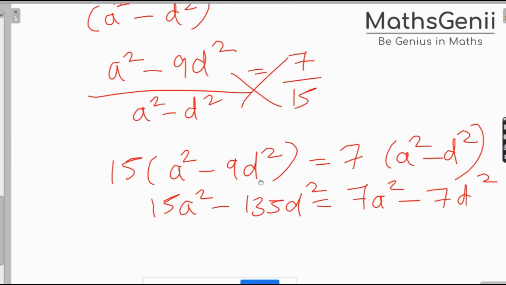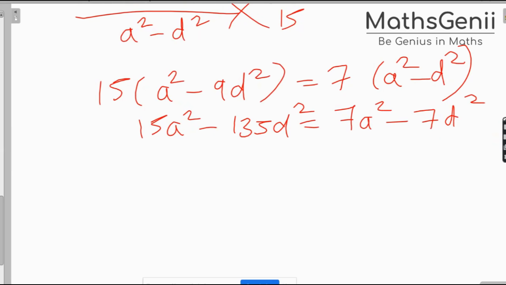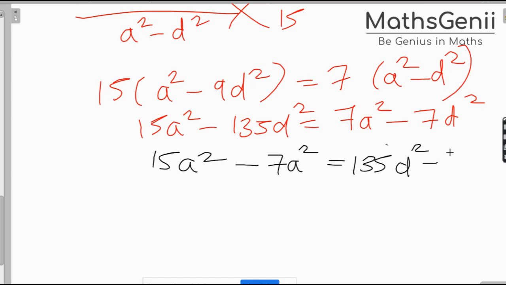Now d on one side, a on the other side. 7a square is small, so we'll take it this side. 15a square minus 7a square, and 135 d square goes here, becomes minus 7d square.